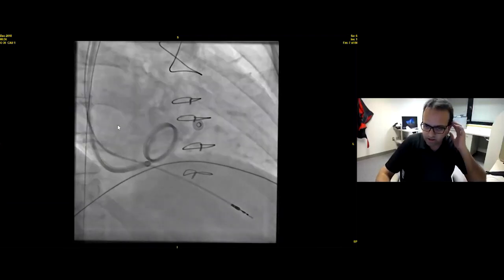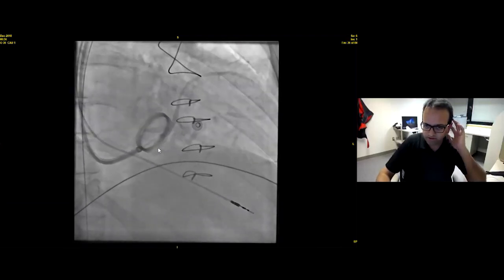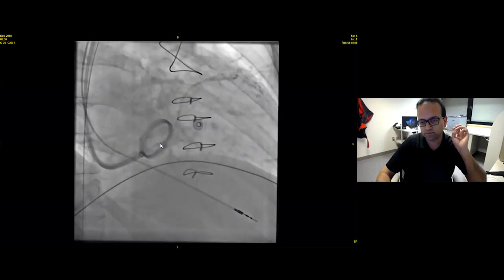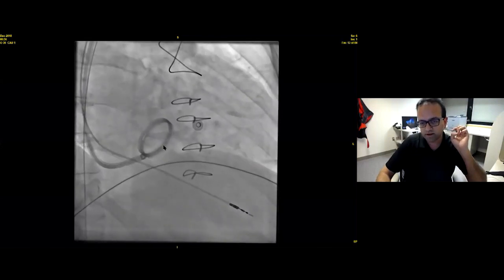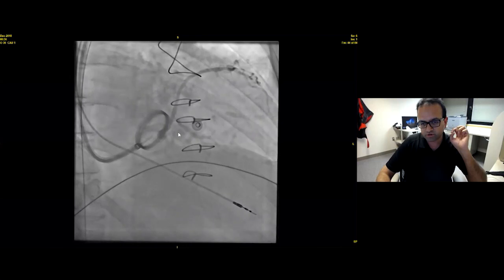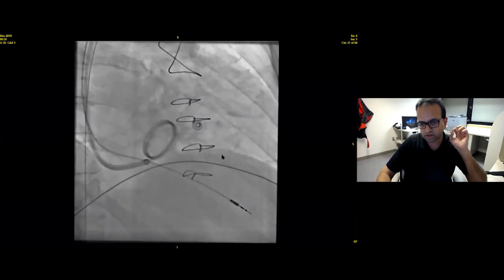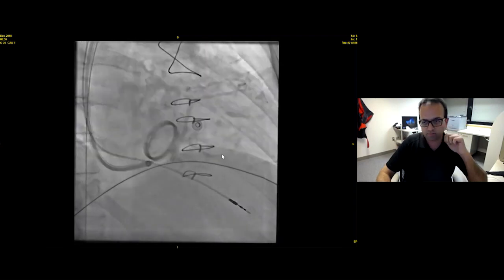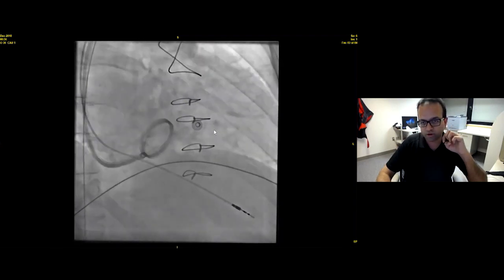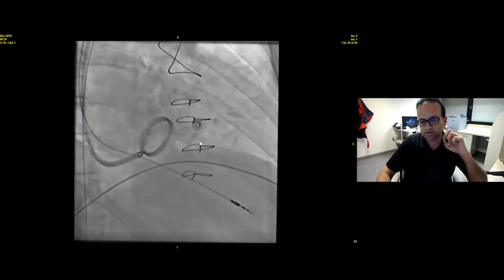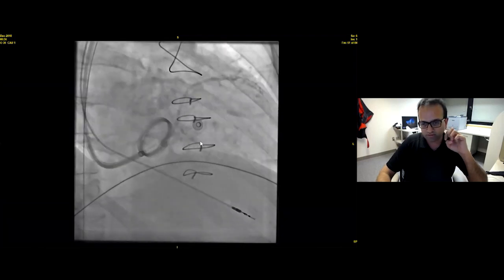This is an RAO view. We are trying to do an angiogram, or CS venogram, to put in a CS lead. And here you can see as we engage the coronary sinus, these veins are quite small, very, very small branches. So sometimes lead deployment is difficult. Sometimes thresholds are very high.